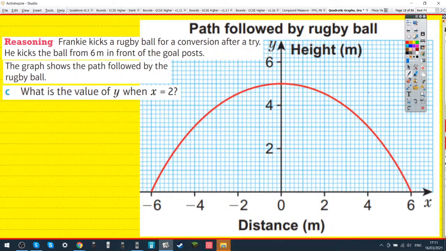Okay. Graph is the password. Where's the button? I don't know. Would it be?